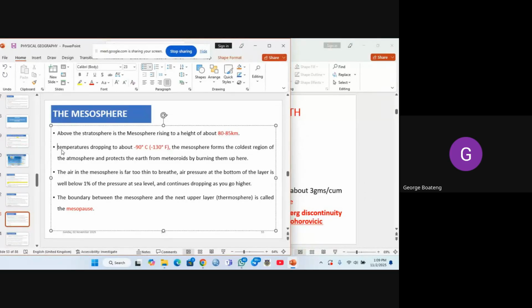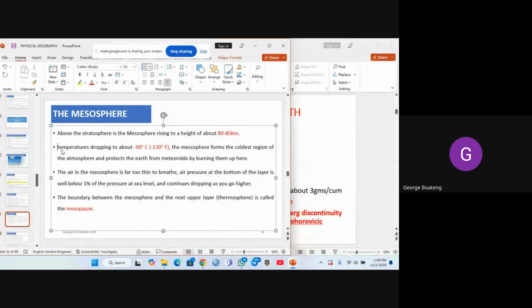So it doesn't allow meteorologists and other people to study the area. And because of that, some meteoroids and the rest cannot form there. Because of that coldness, they prevent those meteoroids by burning them.